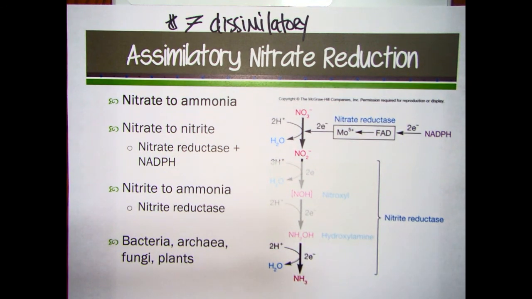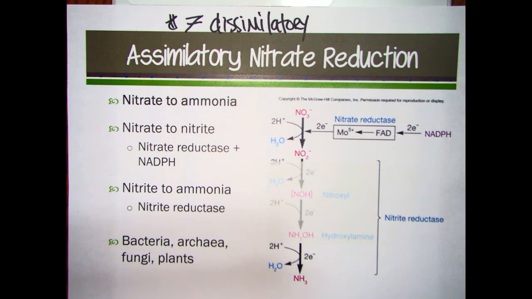Dissimilatory nitrate reduction also reduces nitrate, but with an end goal of making nitrogen gas. And so there are multiple different enzymes involved in both of these processes. It's not like you give electrons to nitrate and you either make ammonia or nitrogen gas, but giving electrons to nitrate is the first step in both of those processes.